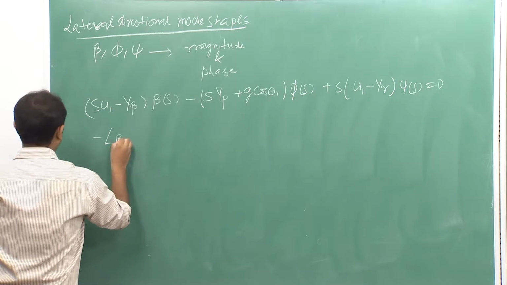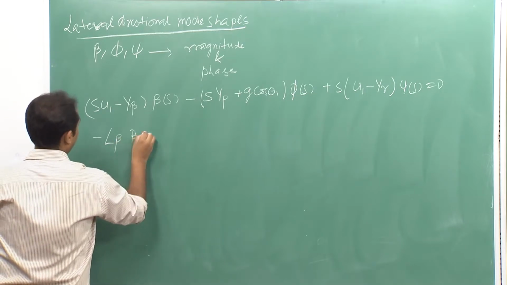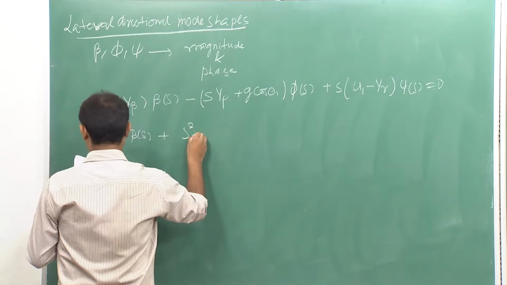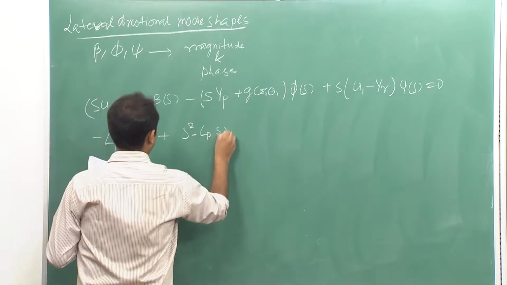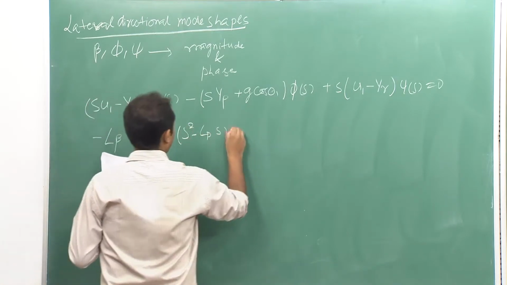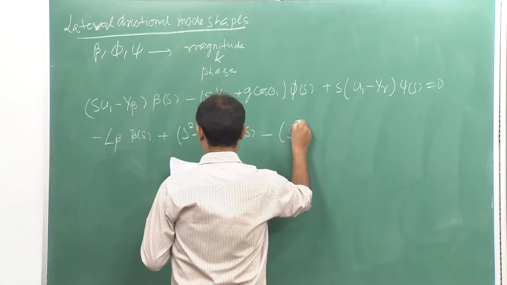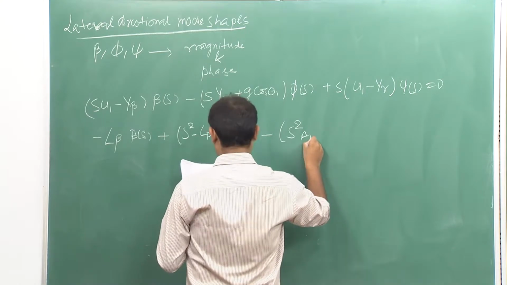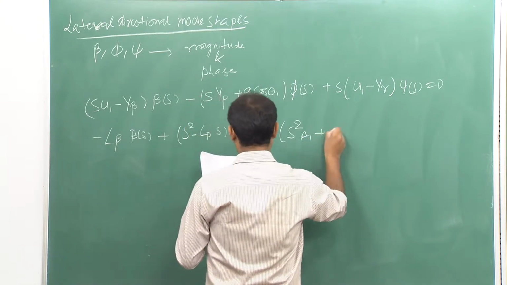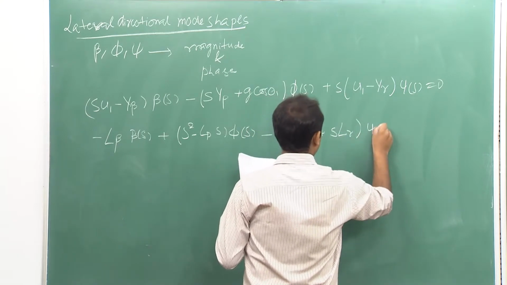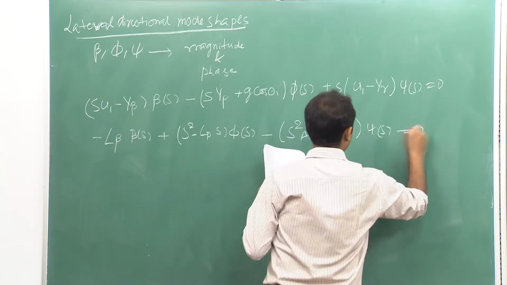Minus L beta into beta of s plus (s square minus L p s) into phi of s, minus (s square A1 plus s L r) into psi of s equals 0.